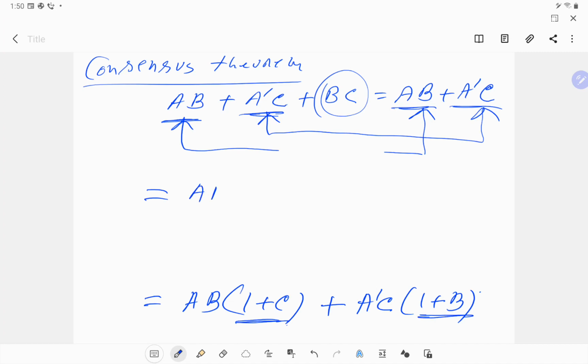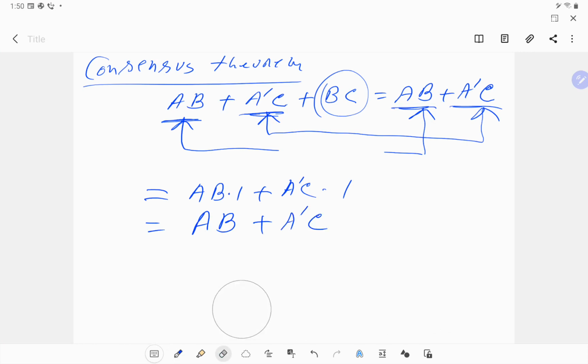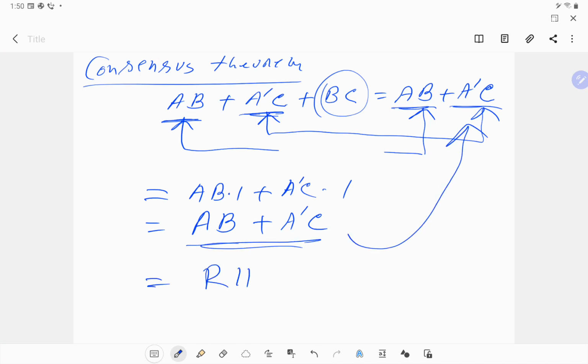So we got AB times 1 plus A prime C times 1. And anything times 1 equals anything. Now we see here that this is actually the right hand side of the equation. So the consensus theorem is proved.